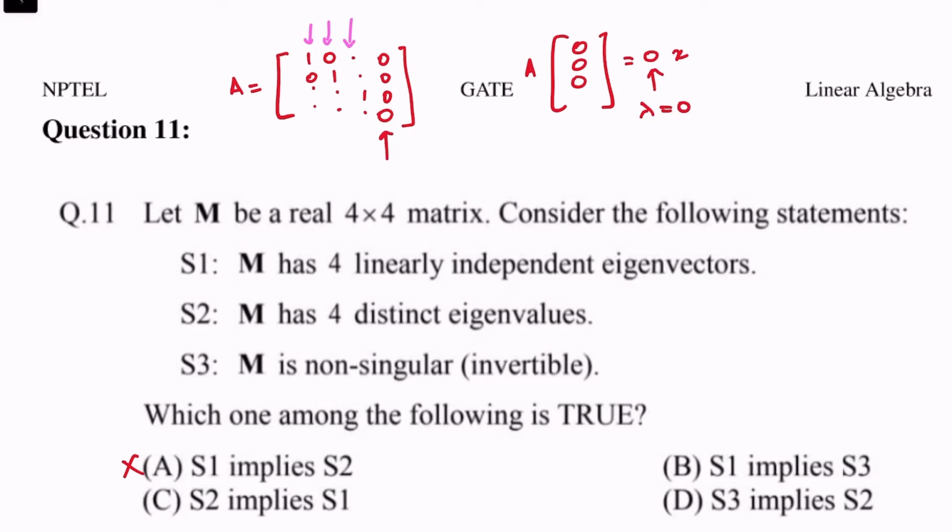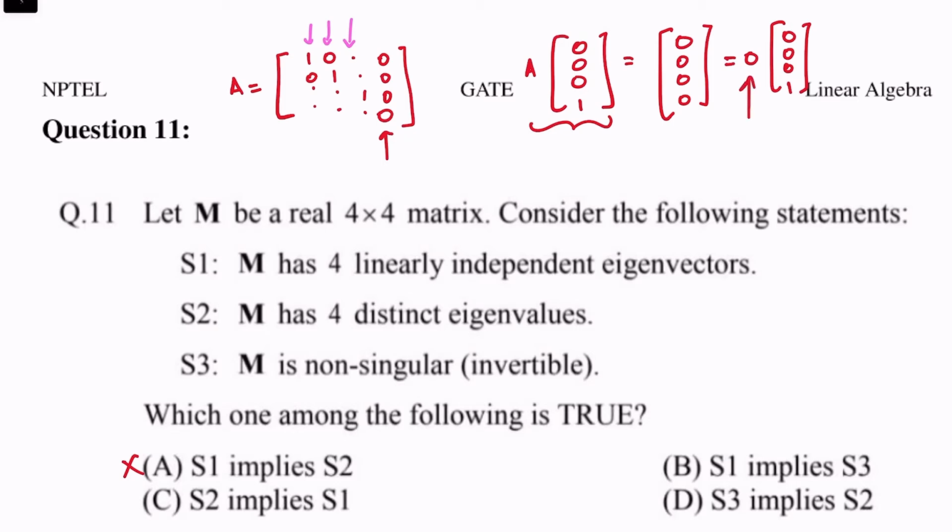For example, if I chose 1 for that, then it will simply extract the fourth column. If you do the matrix vector multiplication, you will see that only the 4th column gets pulled out, and this is of course equal to 0 times the vector. So this is an eigenvector with eigenvalue 0. Clearly A is not invertible, but it also has 4 linearly independent eigenvectors. So B is not true.